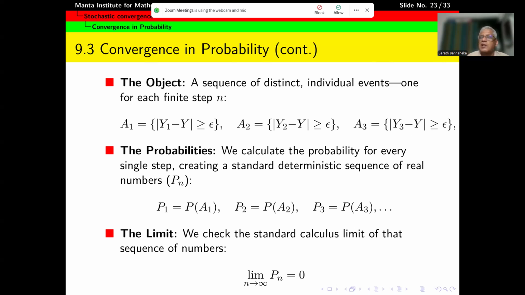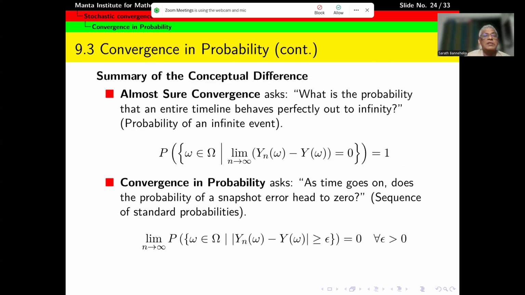If that limit goes to zero, then we say that the sequence yn converges to y in probability. So those are the very common type of convergence that we are interested in practically in most situations, right?